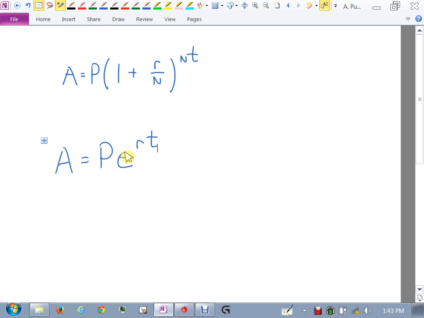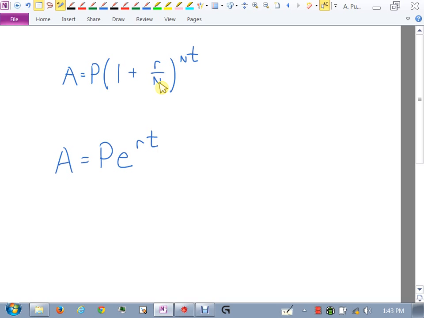This is the same type of thing. You put in some money, you have a certain interest rate, you put it in there for a certain amount of time. What's different between this one and this one is that the n meant how many times you compounded per year. So if you compound monthly it would be 12, daily it would be 365, right?